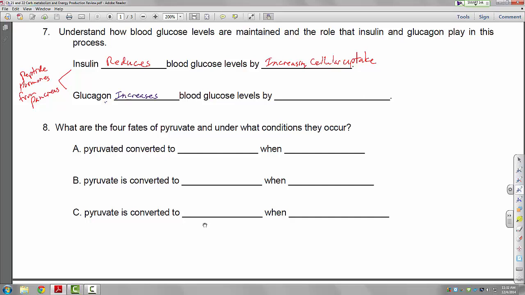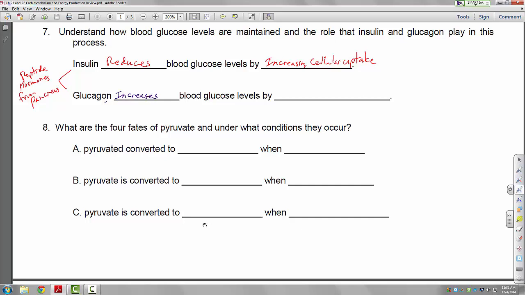How does it do that? Well, one way you could increase blood glucose is simply by eating something that's high in glucose, something that's starchy or sweet and sugary. Okay? That's not what glucagon is doing. What glucagon does is it activates or mobilizes the glucose stored as glycogen.